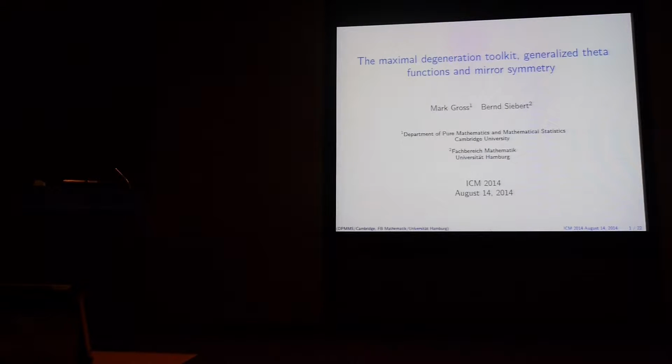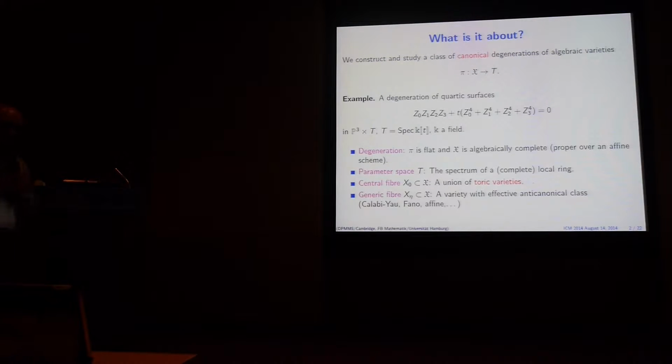Okay, so this is a survey of results that we obtained jointly over several years, 13 years I think. So what is it about? We construct a class of certain canonical degenerations of algebraic varieties, a family map pi: X to T, and you should think of an example.